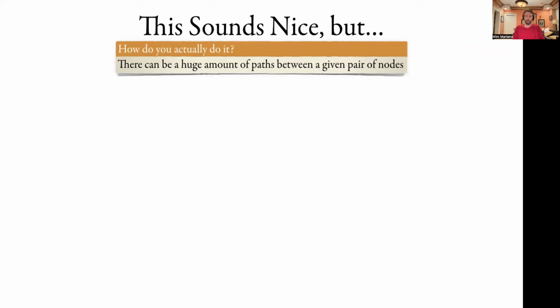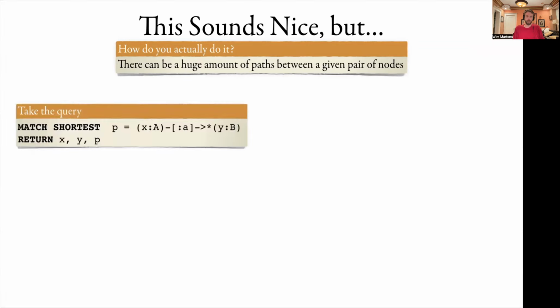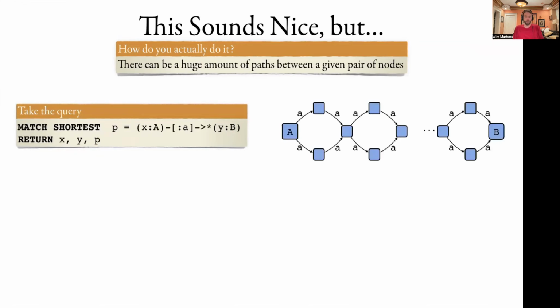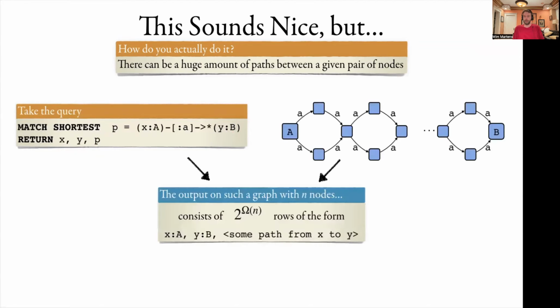Because one challenge is definitely that there can be a huge amount of paths between a given pair of nodes. So consider the following query here. This just asks for paths P from an A-labeled node to a B-labeled node, and then it wants to return all these paths P. But if your graph looks something like this, and it has something like n nodes, then you're going to get 2 to the n many results of this form, right?